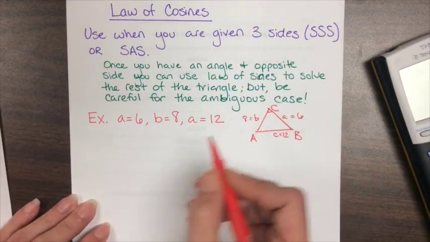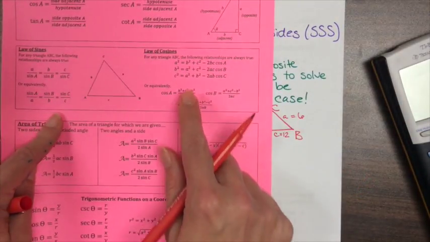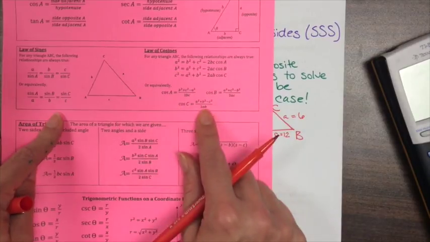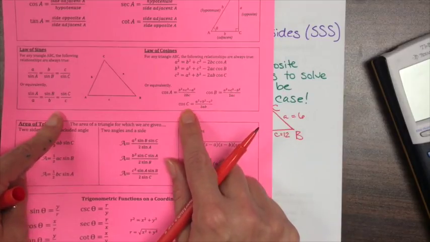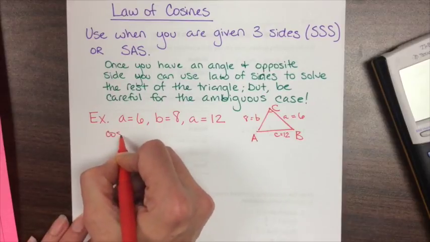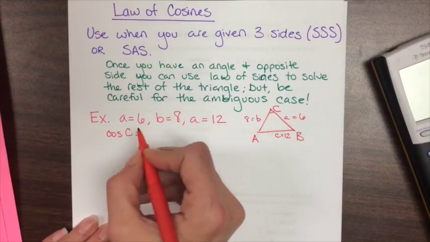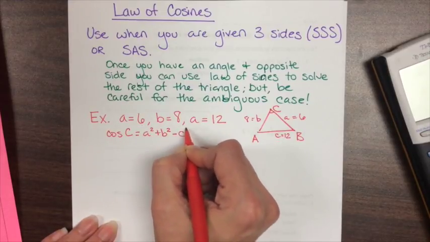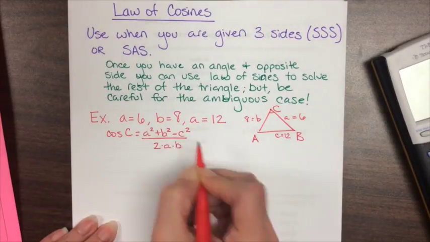So let's use this formula right here for angle C. Notice there are two sets of formulas on this formula chart. These are for side lengths and these are for angles. It's nice because they've already been solved for you. So let's use cosine C. Cosine C equals a squared plus b squared minus c squared over 2 times a times b.